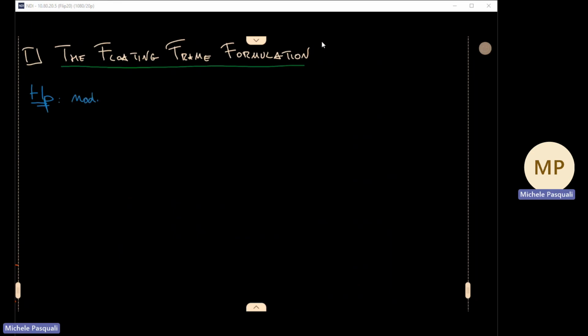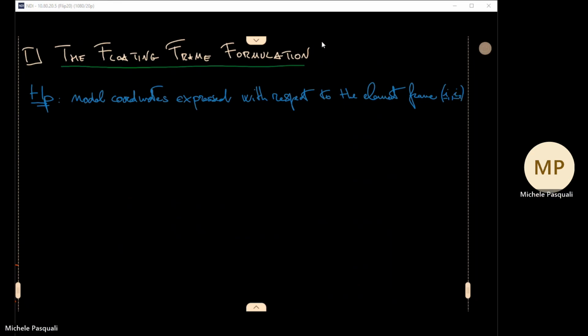Nodal coordinates expressed with respect to the element frame. Okay?